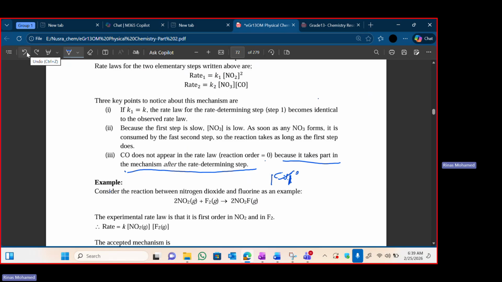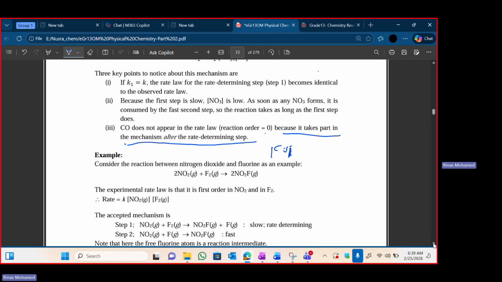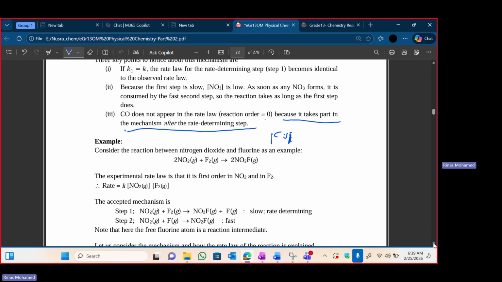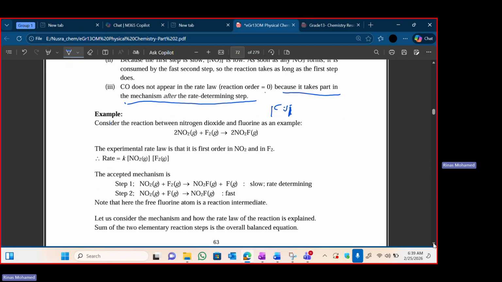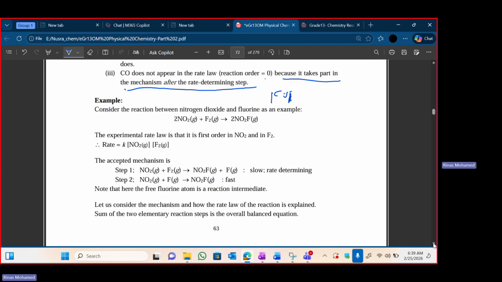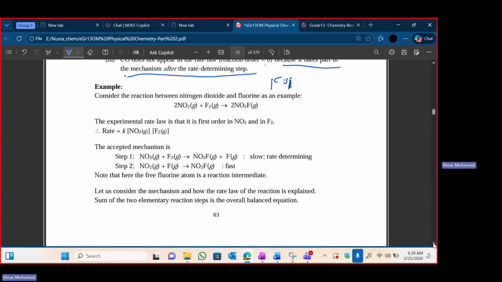Then how you have to write the overall reaction's rate law using the RDS, when all the steps are elementary steps: you can write the rate laws, but the overall reaction's rate law will resemble the RDS step and the species participating in the RDS, right?